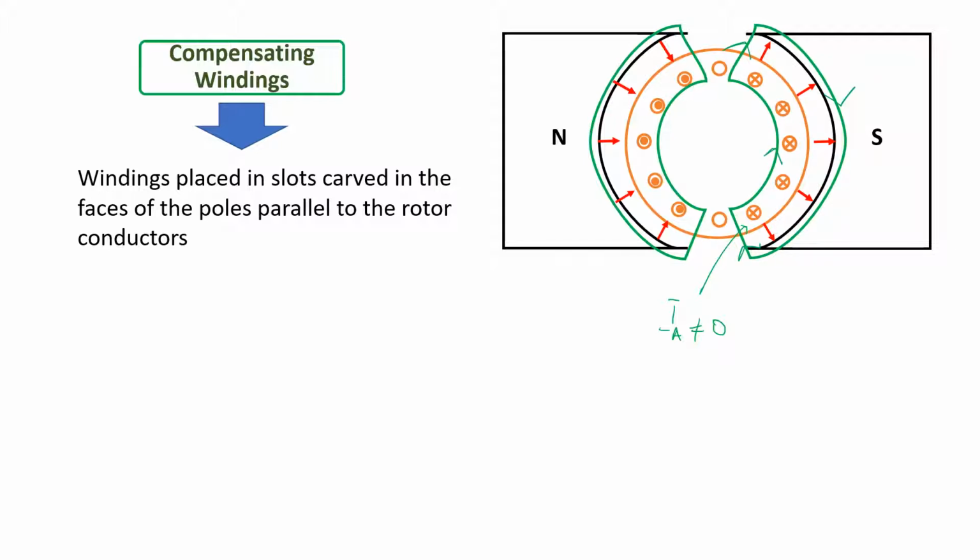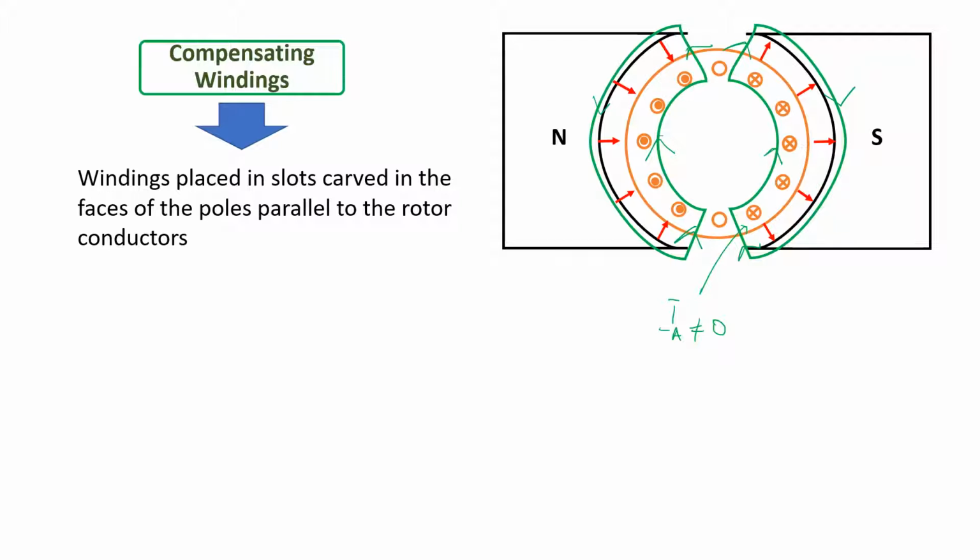And on the left, where the armature current is flowing out of the coils, the armature magnetic field will flow in a counterclockwise direction. And this armature magnetic field causes a distortion to the main magnetic field, which is the cause of armature reaction.